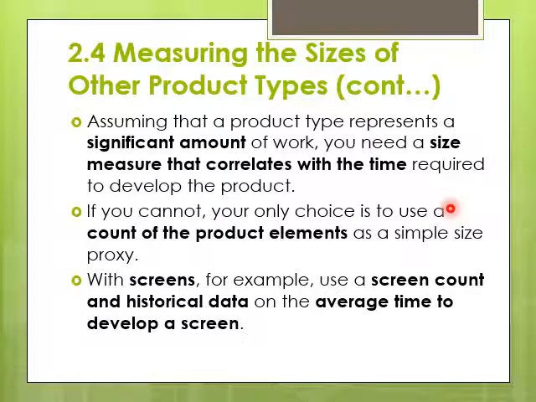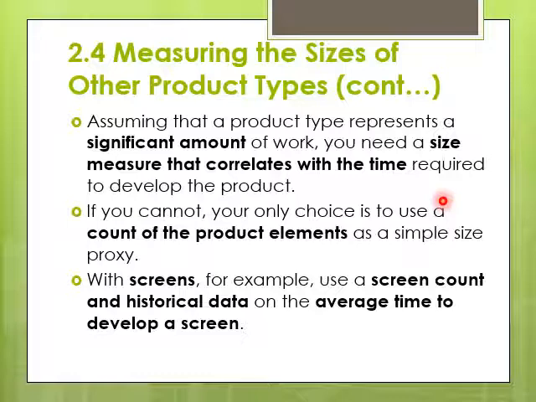Assuming that a product type represents a significant amount of work, you need size measures that correlate with the time required to develop the product. If you can devise such a measure, it will likely be adequate.